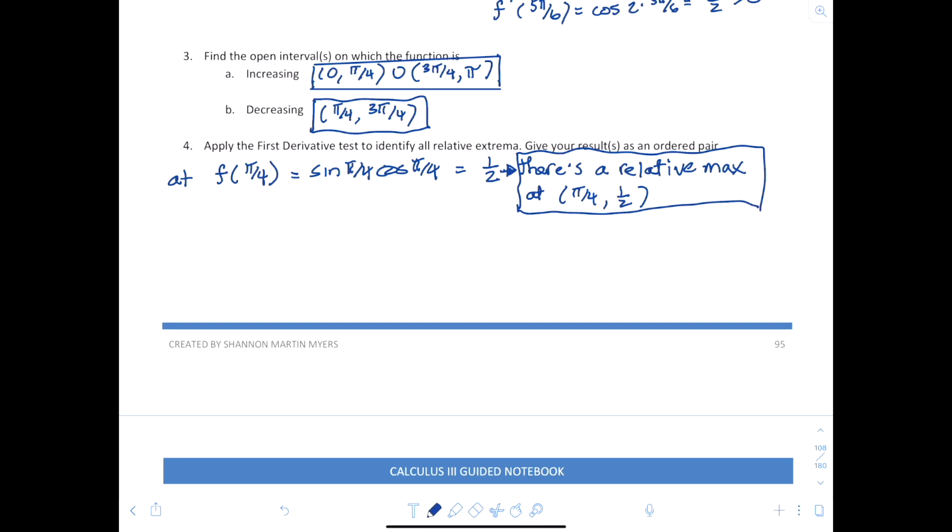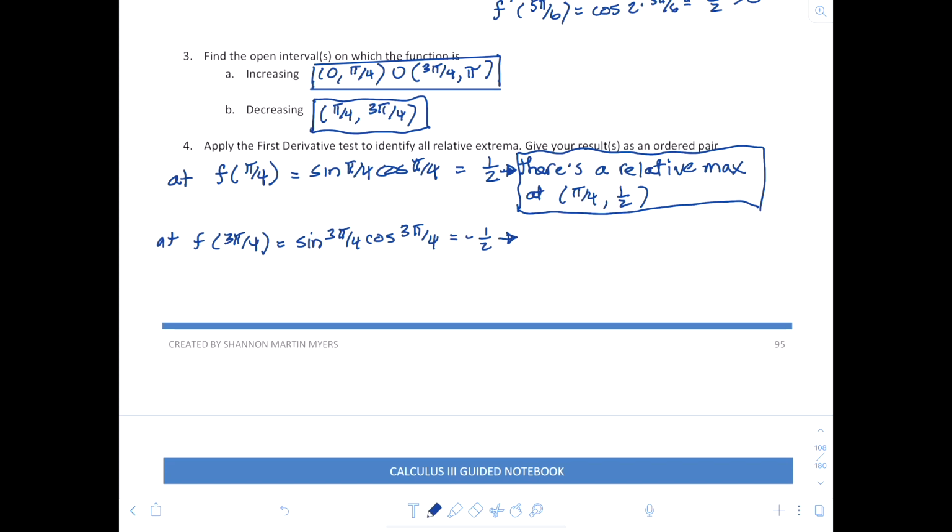And then at f of 3 pi over 4, that's going to be sine at 3 pi over 4 times cosine at 3 pi over 4, which will be negative a half, because the cosine function will be negative.